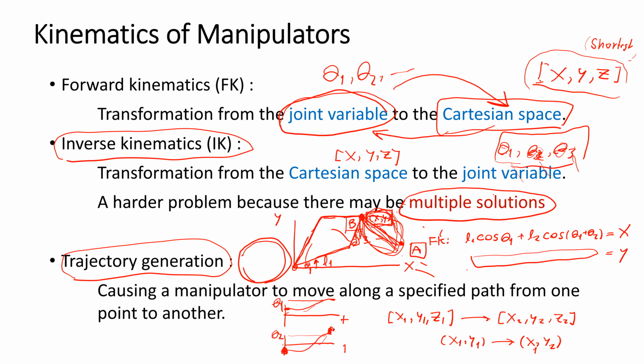But how fast does it need to move, what should the acceleration be from the first point to the final point, when should it accelerate, and when should it decelerate to zero velocity at the target position. So I hope that by the time we complete Industrial Robot 2, we can have an idea of how to solve this problem.